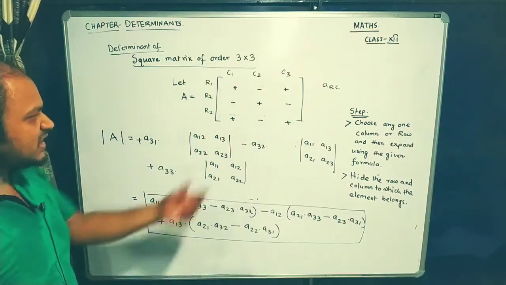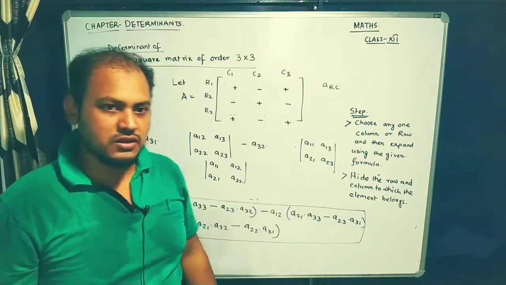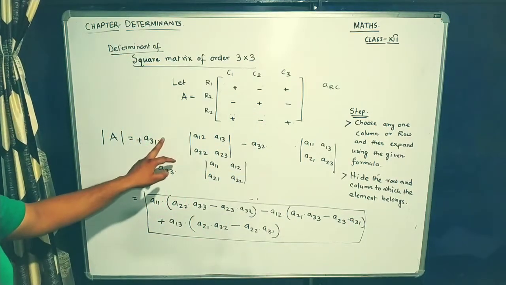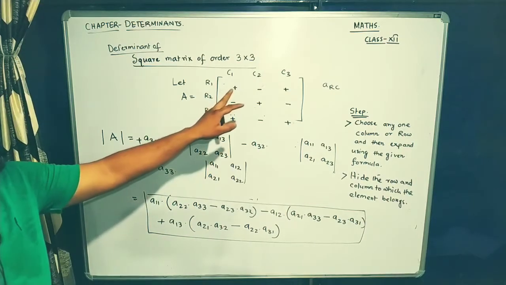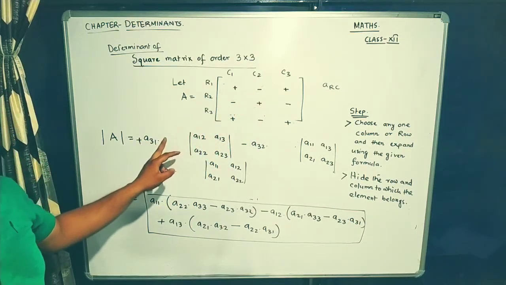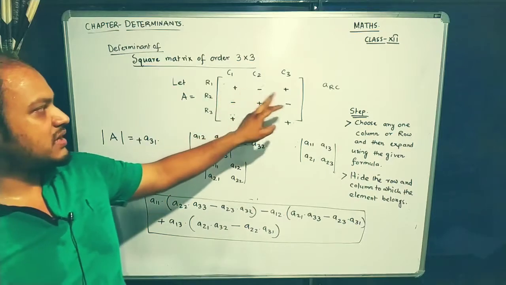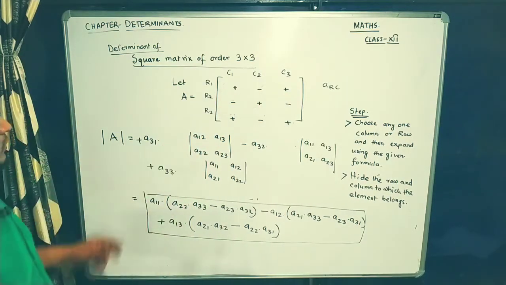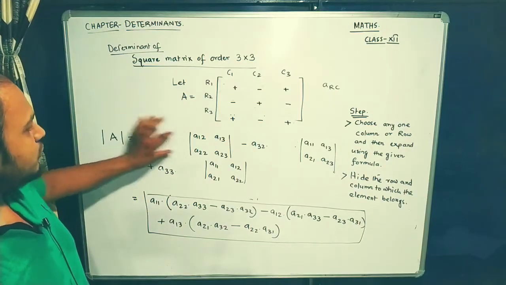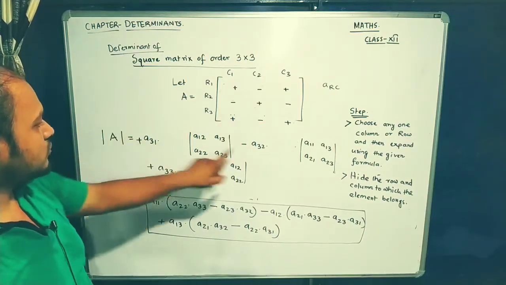Okay, if we remember the plus minus symbols, then while finding the determinant, you do not need to place minus 1 to the power something, because we have already placed the signs in this position. Then you can directly use this formula by placing the appropriate plus or minus sign.